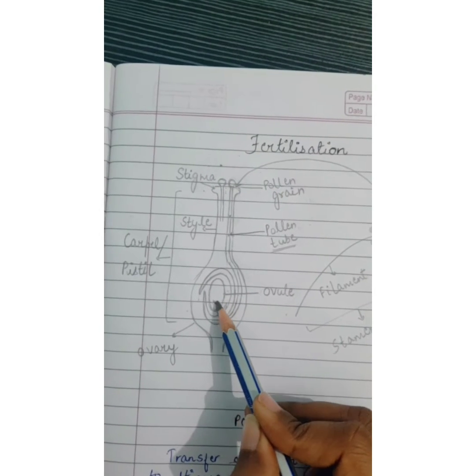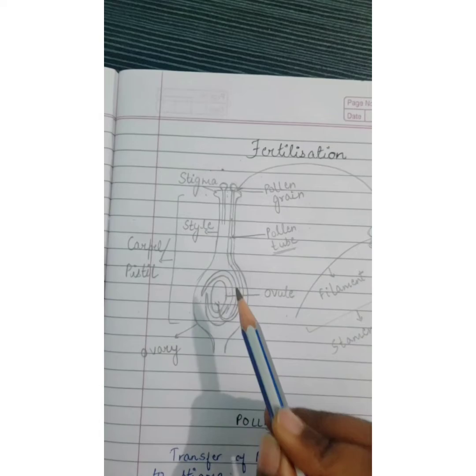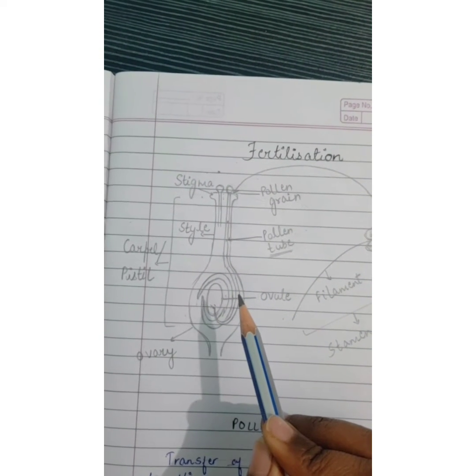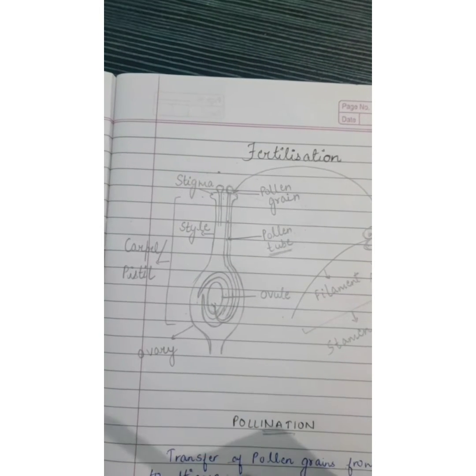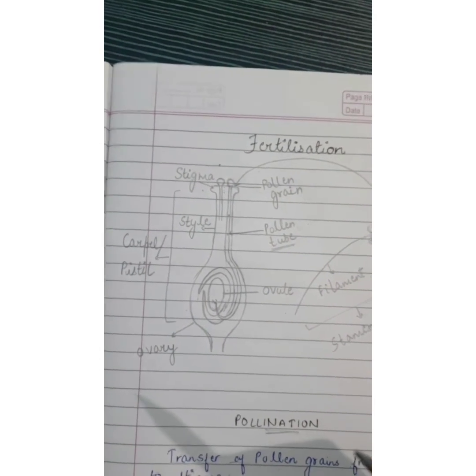Inside the ovule, the male and the female gametes fuse to form an egg cell known as zygote. Zygote further develops into an embryo inside the seed.